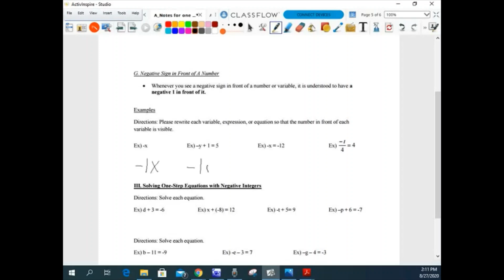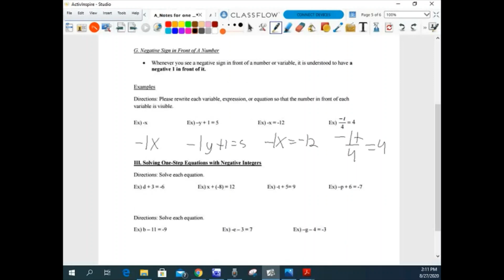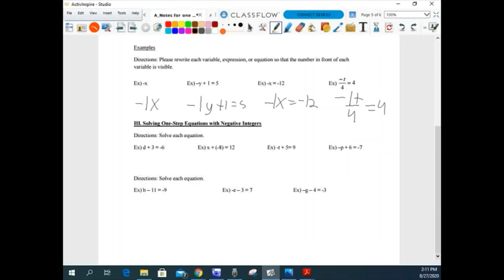Negative 1y plus 1 equals 5. Negative 1x equals negative 12. Negative 1t divided by 4 equals 4. So when you have a negative in front of something, that means it's just a negative 1.